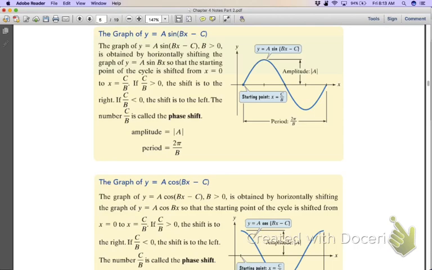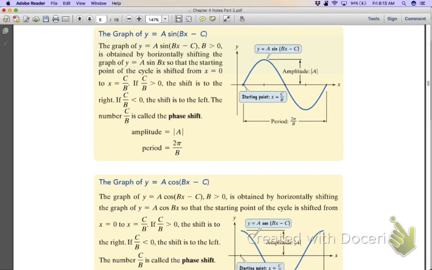Whenever we do this, everything is predicated off of what is inside the parenthesis. We're going to use B again, just like we did when we dealt with the period length with our B value.